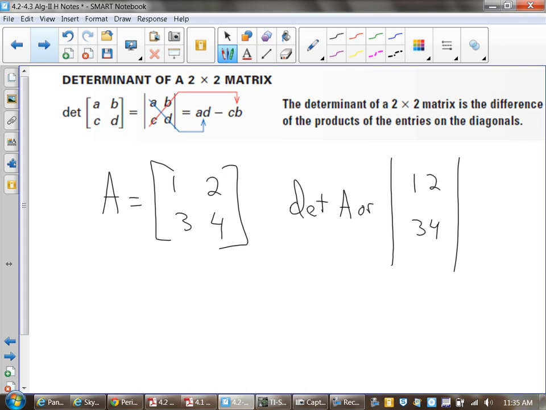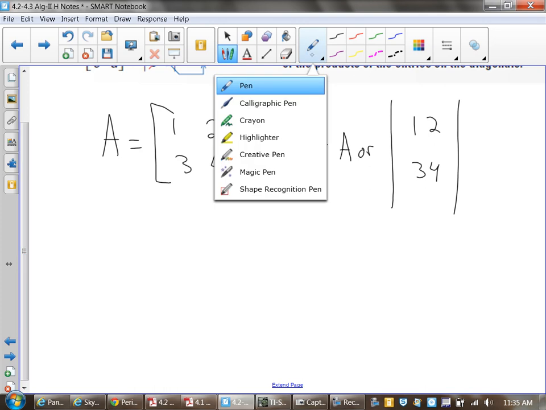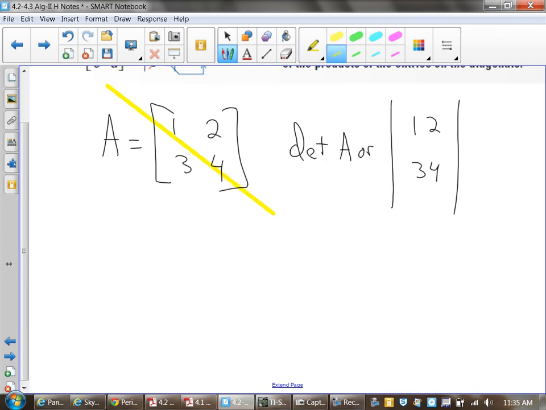What you do is you take the downward diagonal first, and I would multiply those 2 values together. To that, I'm going to subtract the upward diagonal. And you get -2. So the determinant is equal to -2.